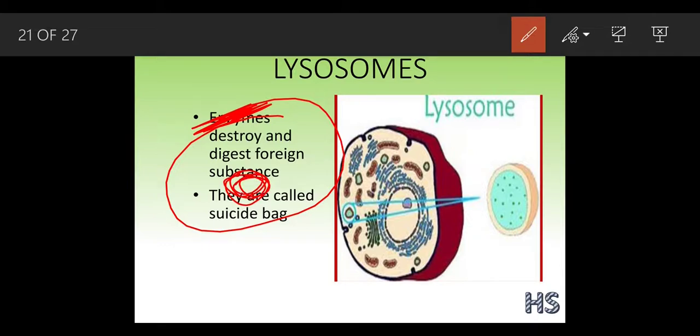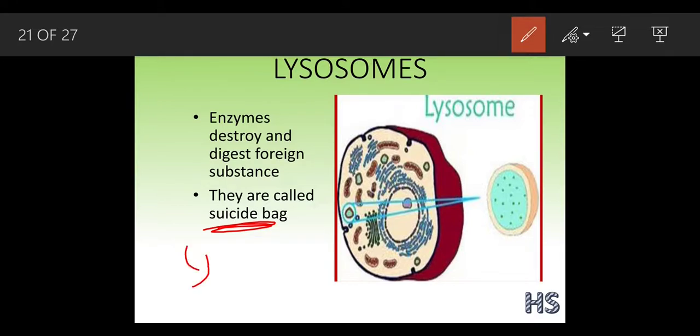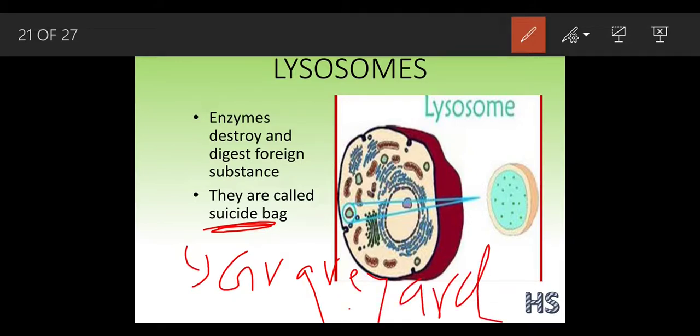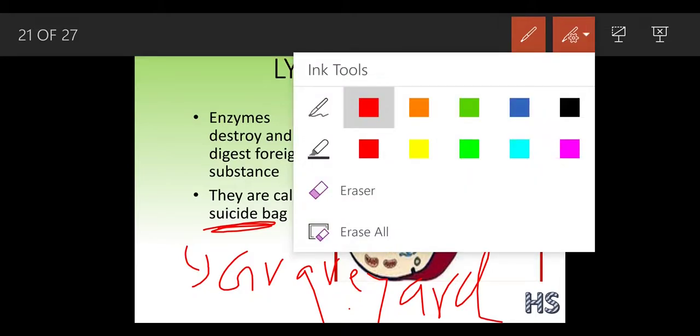So this lysosome is going to see that the cell is getting damaged or destroyed, so it is going to digest its own cell. That is why it is known as the suicidal bag also. In easier terms, we can call it a graveyard. This is the graveyard of the cell. Whenever cells die, they are digested by their own lysosomes only.